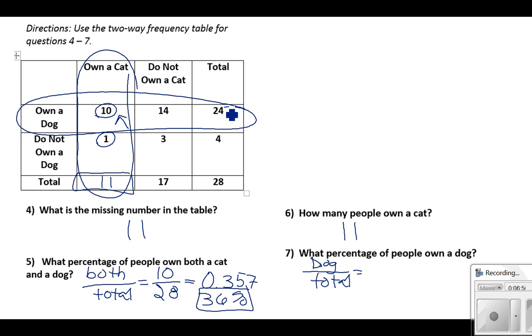So that's going to be 24 out of 28 total again. And that comes from here, in case you're wondering. And we can change that into a decimal, 0.857, rounding to the nearest 10, gives us 86% of the people own a dog.